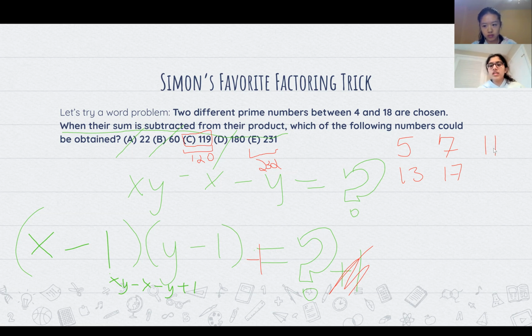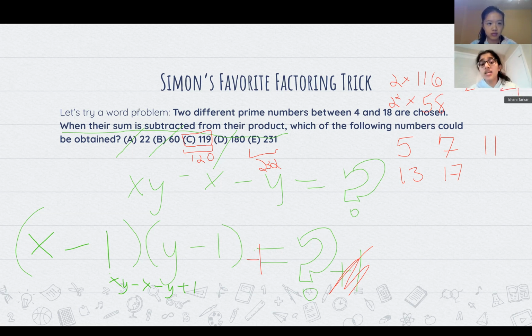So 232 is 2 multiplied by 116, which is equal to 2 squared multiplied by 58, which is equal to 2 cubed multiplied by 29, right?